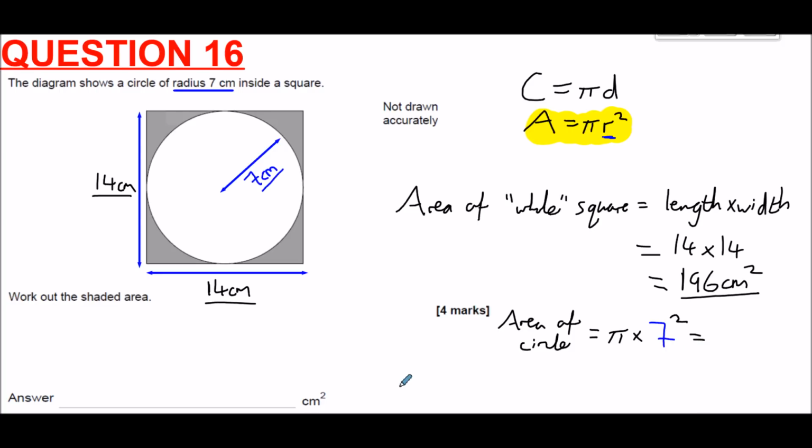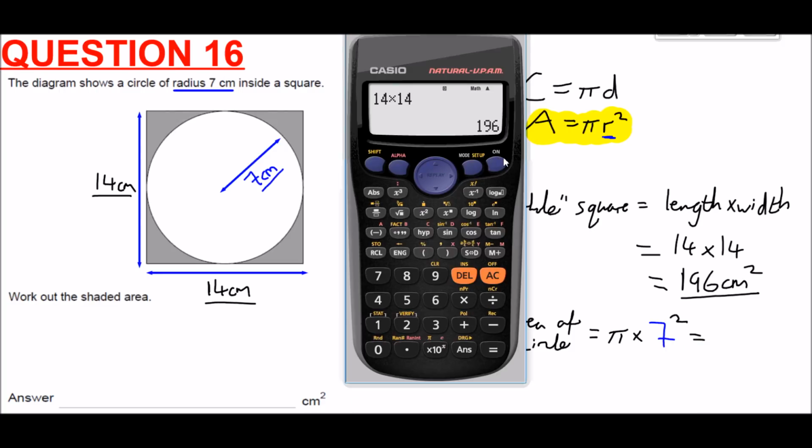So pi times 7 squared, we can do on the calculator. The answer it might give us is in terms of pi, so that's 49 pi. As a numerical value, we can press this button to convert it to a decimal. And so to a sensible degree of accuracy, to one decimal place for example, this would be 153.9 square centimetres.